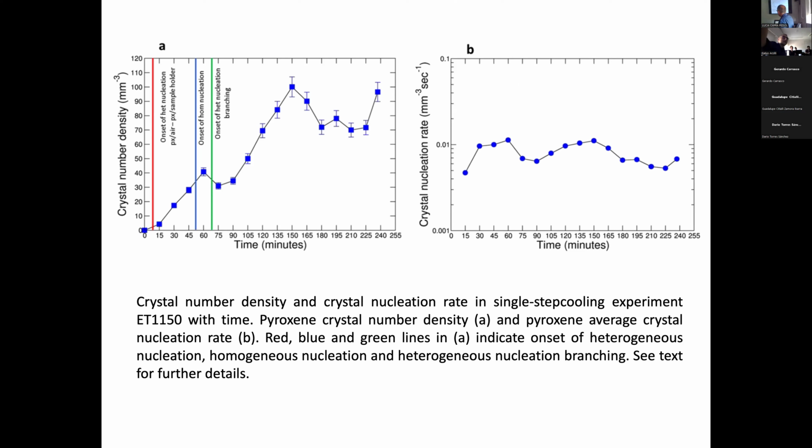But what you can see after that is another pulse of nucleation, and then you have growth. They touch together, and then another peak, another peak. So what it means is that this crystal nucleation rate is oscillating through time.